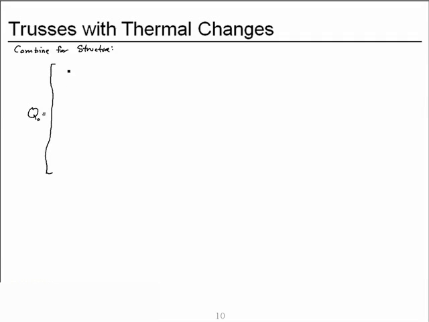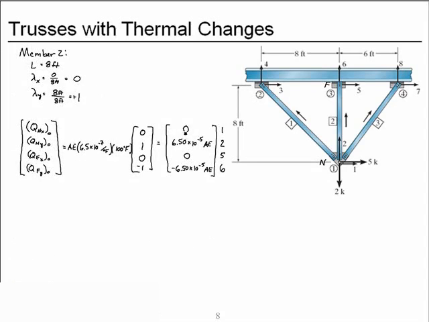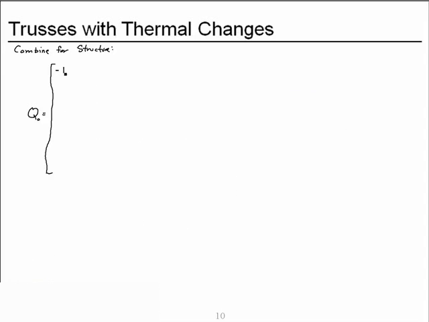For degree of freedom 1, we had this contribution from member 1 plus this contribution from member 2 plus this contribution from member 3. So we have the minus 4.6 times 10 to the minus 5 AE plus 0 plus 3.90 times 10 to the minus 5 AE.